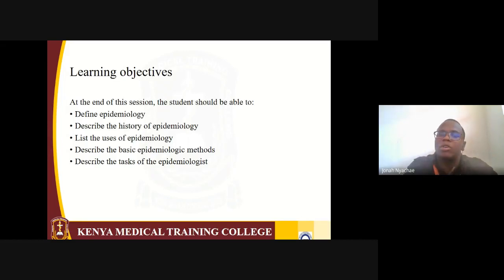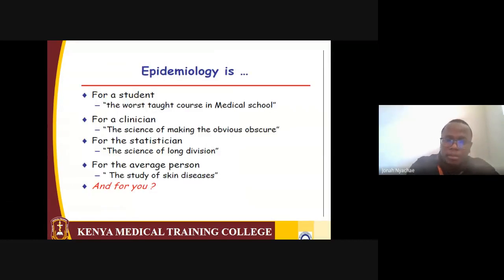And then there are other objectives. So I've arranged this session into two parts so that we can meet all our objectives.